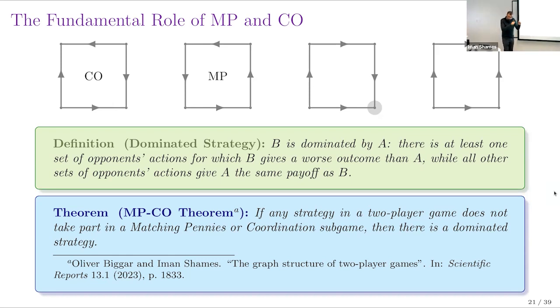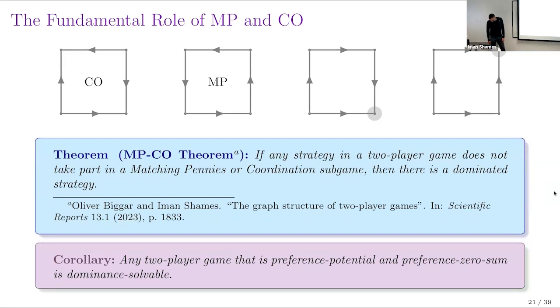If that strategy never shows up in any of the subgraphs that look like either this or this, then there is a dominated strategy. So you can chop it, since one of the strategies is dominated by your action. If you want to keep doing it, keep getting rid of the strategies that don't matter, this allows you to do it. And that's really where the corollary is.